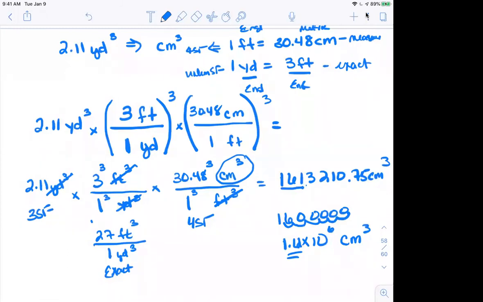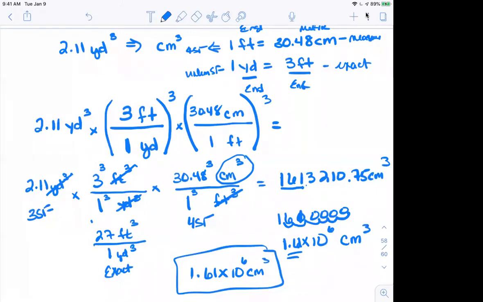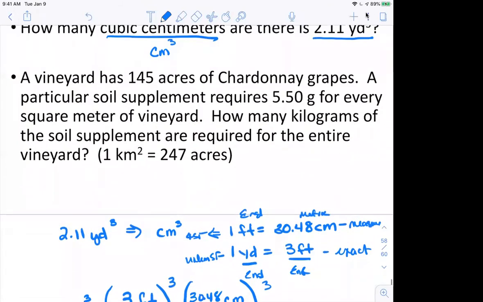Actually, this is going to be a 1. So my answer is going to be 1.61 times 10 to the 6 centimeters cubed to 3 sig figs. Does that make sense?